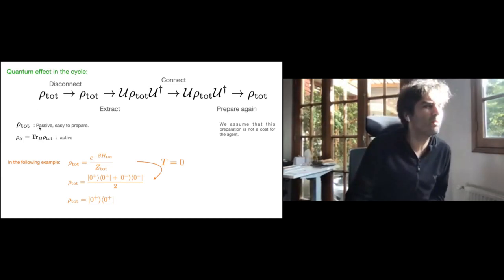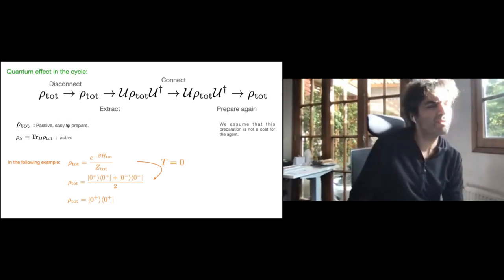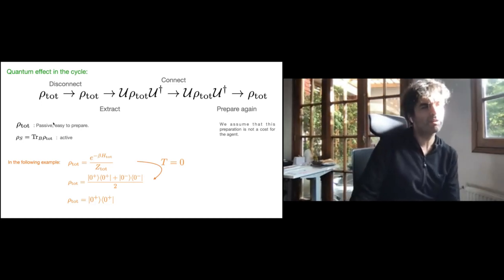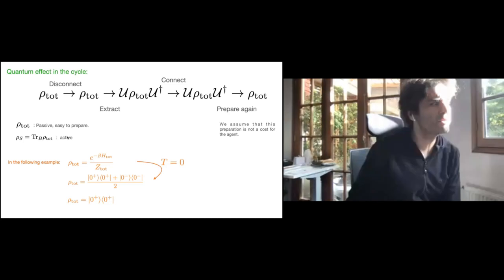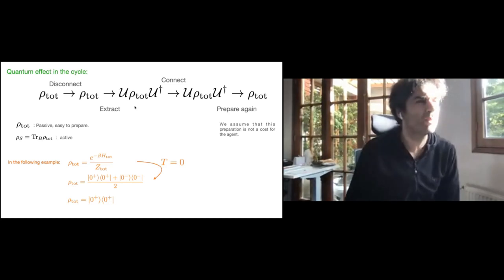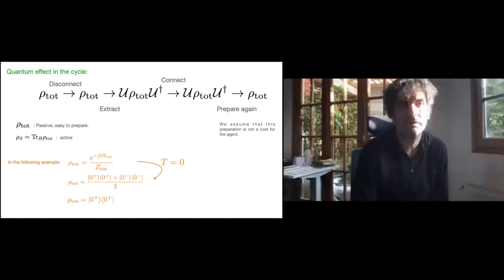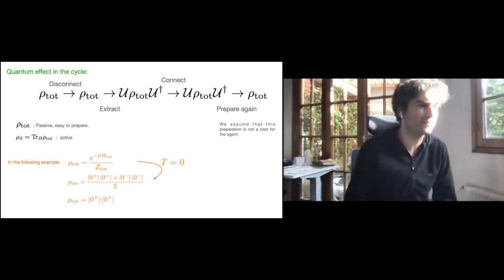What we need for this to be useful is a global passive state, easy to prepare or given to us, and that the reduced state is active so that you can extract energy. This is what you need to build a battery. And the cycle will be closed by this preparation step that we assume is not difficult or does not present a cost that we have to put into the budget for the efficiency of the engine, of the device.